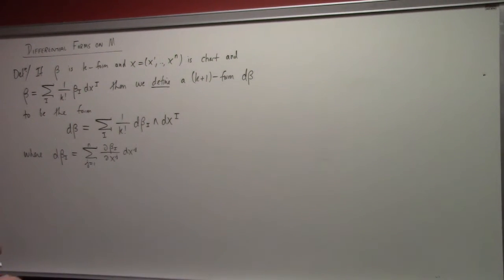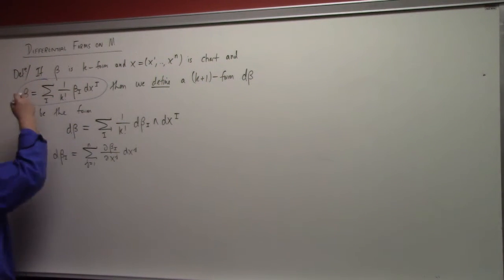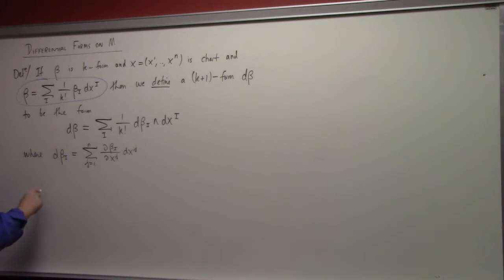All right, so let us just expand everything here a little bit. So what does this mean? Explicitly, that means that beta is the sum over I1 through ik.